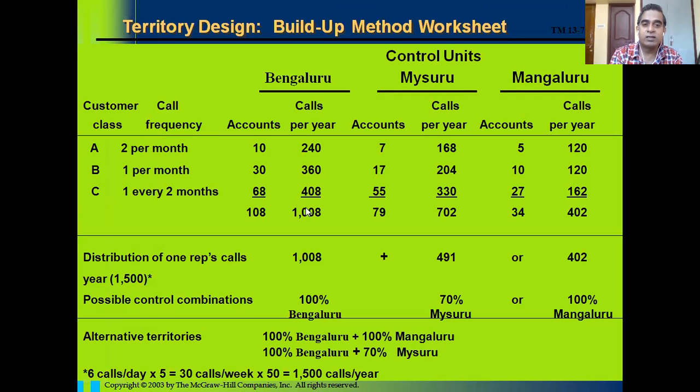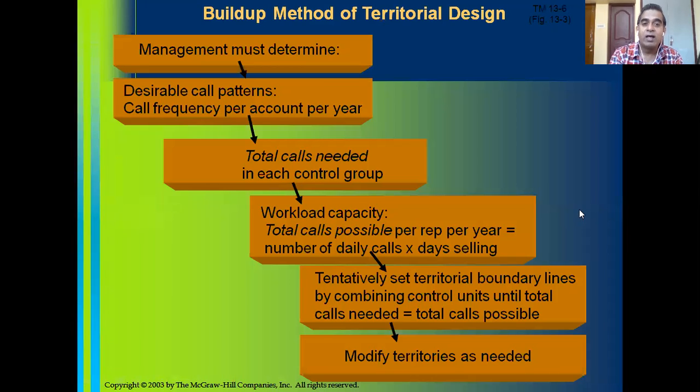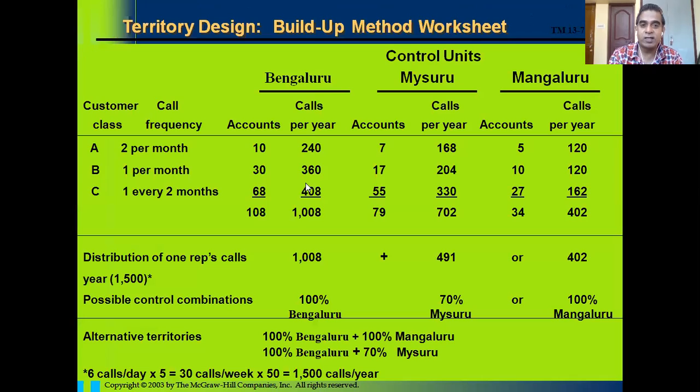So this 1008, 702 and 402 are the total calls needed in each control group. Let us see how we arrive at that. Say we have classified all the customers into three classes, A, B and C. For A class customers, the frequency of call is 2 per month, B class 1 per month and C class 1 in every 2 months.